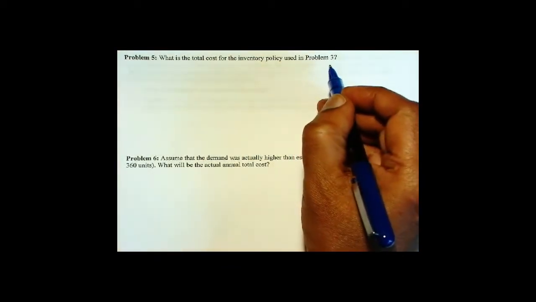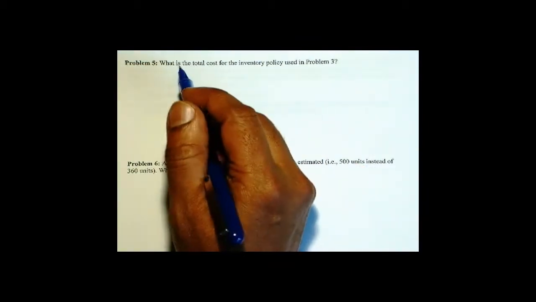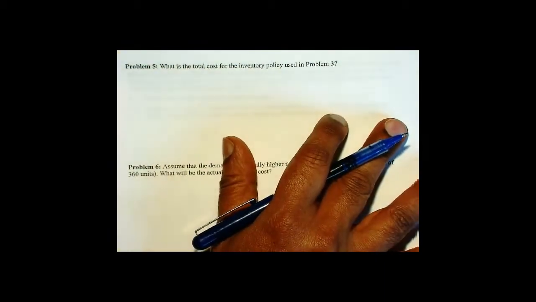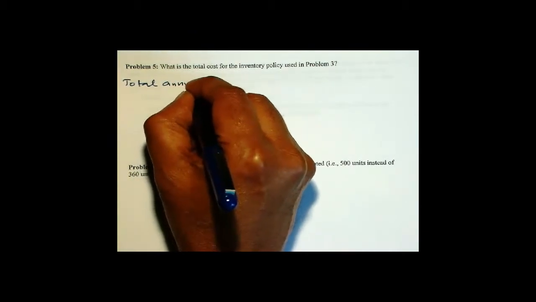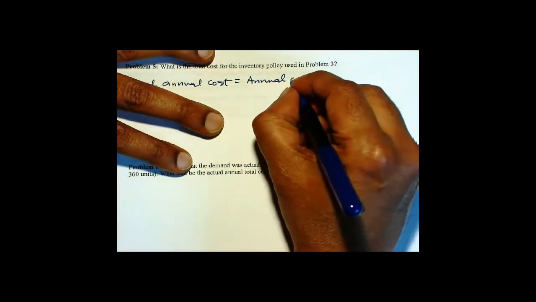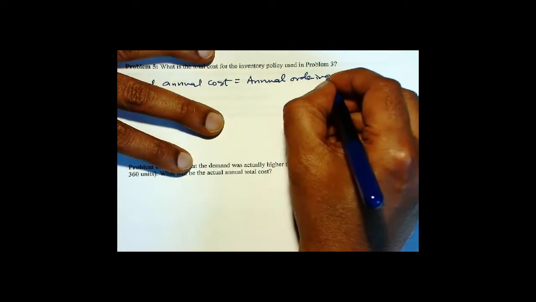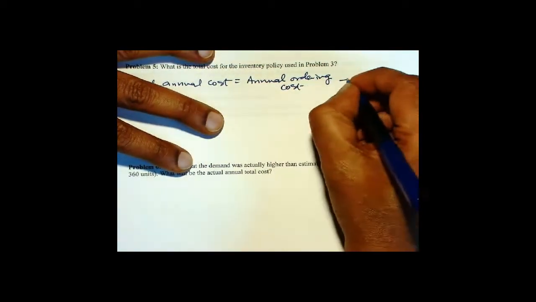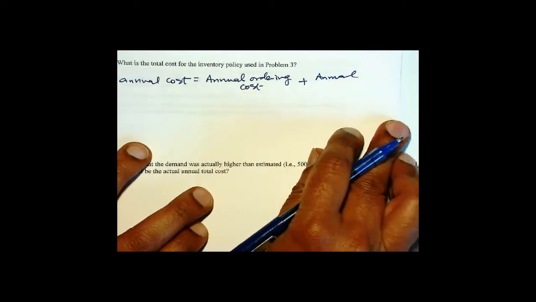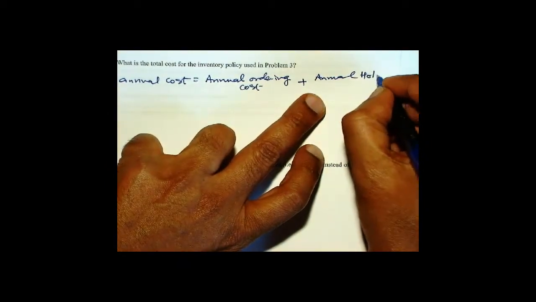Now let's continue with the same problem, problem number 3 as before. Now we want the total annual cost of the inventory policy. So total annual cost is annual ordering cost plus annual holding cost.